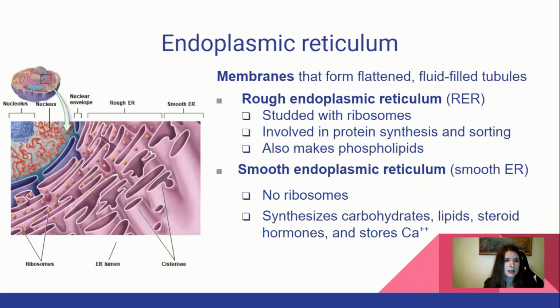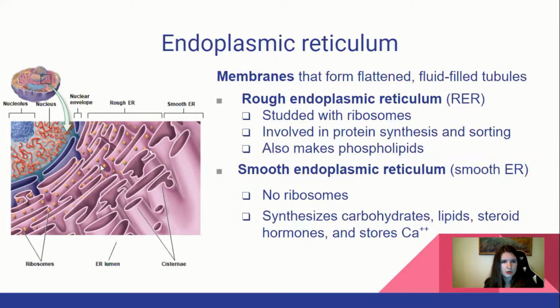Next to the nucleus, so here we see our nucleus, here our DNA is pictured in red, we see the endoplasmic reticulum. So the endoplasmic reticulum is also made of membranes. So these membranes happen to form a sort of network of tubules, and we have a portion of the endoplasmic reticulum that is rough because it's studded with ribosomes.